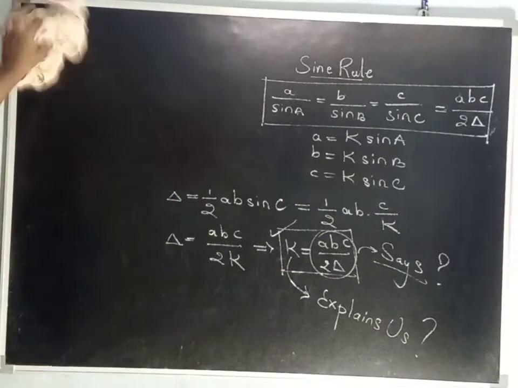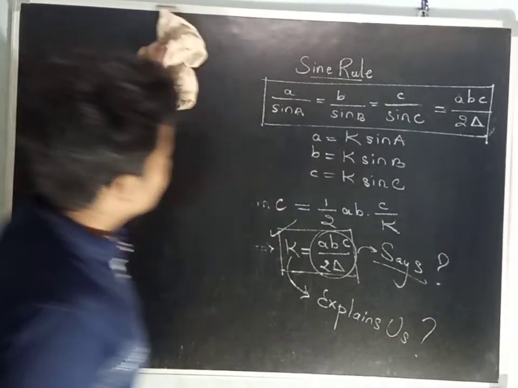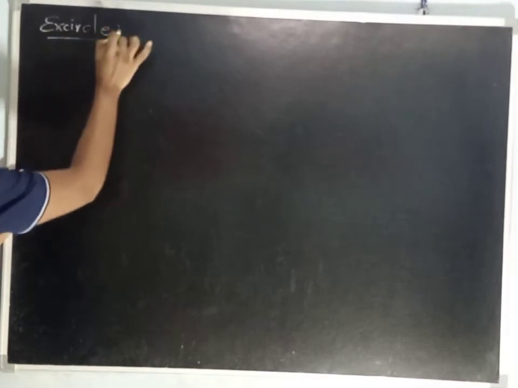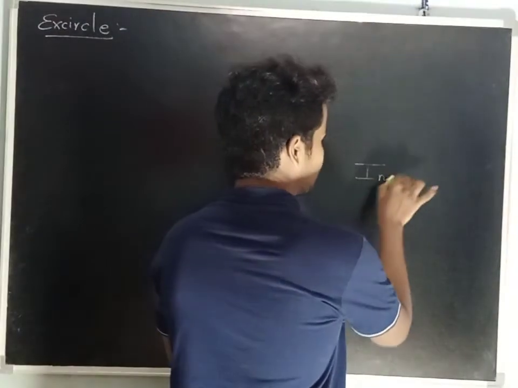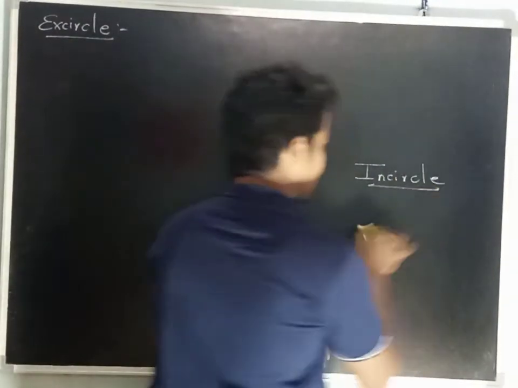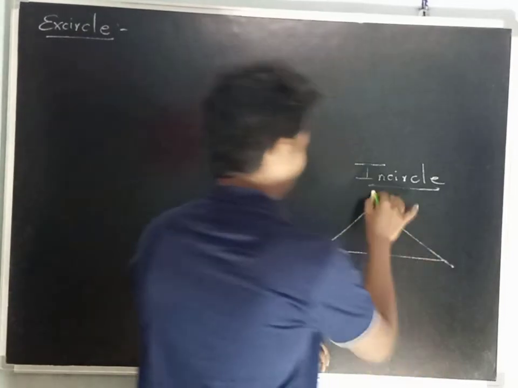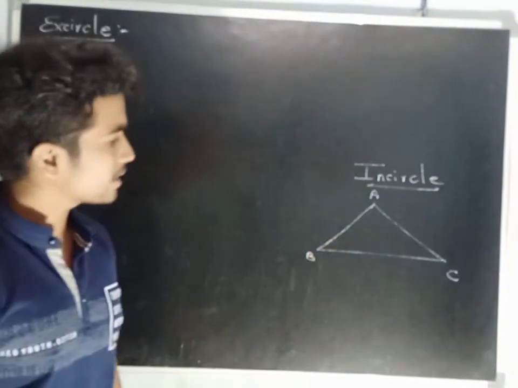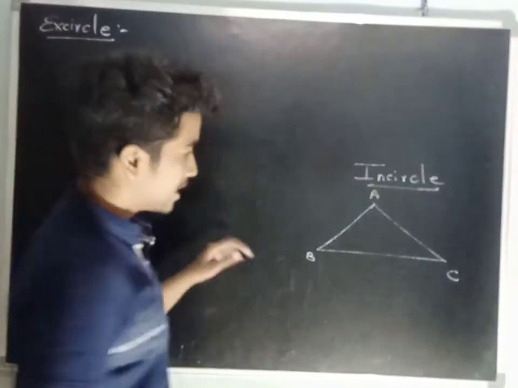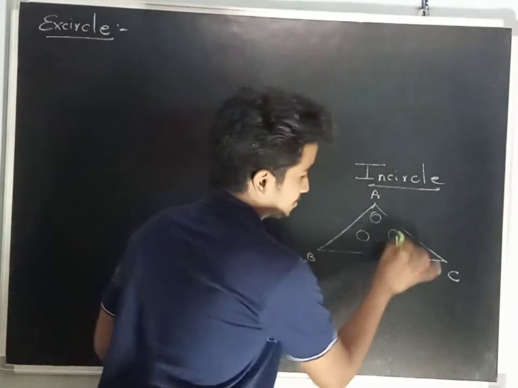To go further, here is another important concept we have to understand, that is the excircle. In the previous two videos, I discussed the incircle. Let it be triangle ABC. A circle is drawn inside the triangle. Drawing a circle inside the triangle means we can draw infinite circles.